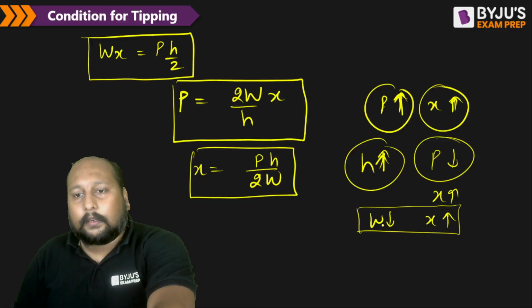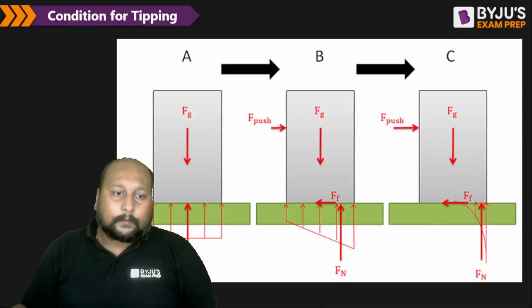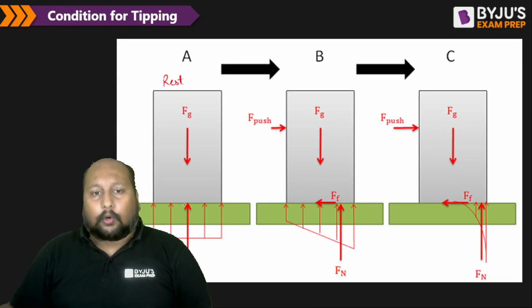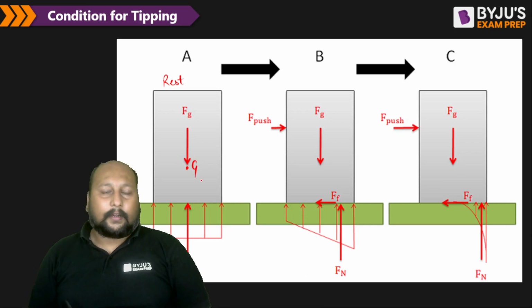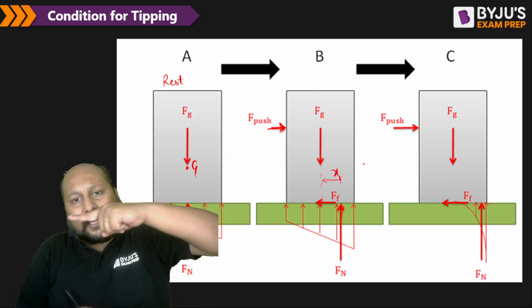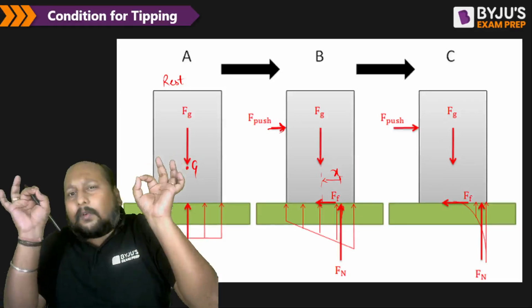Okay, fine, right? So my question is, initially when the body was at rest, the total reaction force was passing through the center of gravity. When we apply some force on the body, the normal reaction shifts from its CG point by a distance x. So can we say, if I increase the application of the force, this distance x will increase. So what will be the limiting condition?